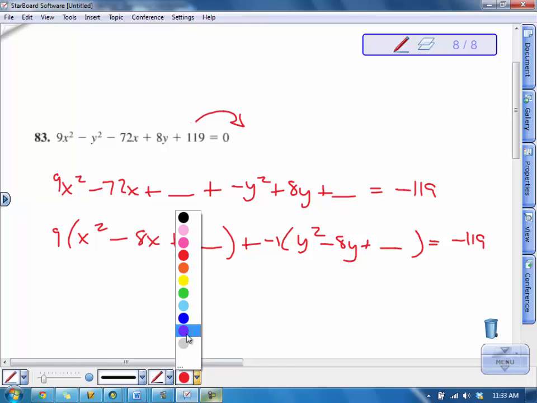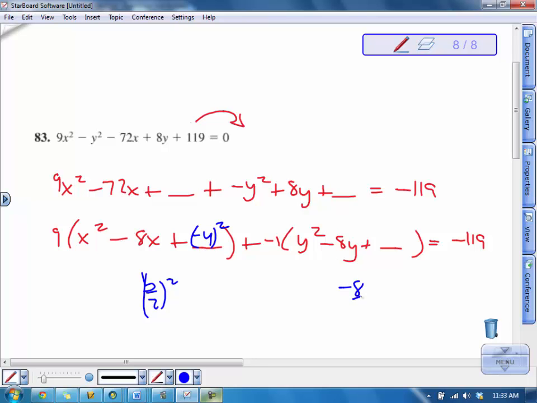Okay, now I'm going to add b over 2 squared to both sides, which is negative 8 over 2, so that's negative 4 squared. Then here, it's negative 8 over 2, so it's negative 4 squared as well. Now, this is really 16 right here, but I'm multiplying it by 9. So that's 16 times 9 that I'm adding to the right side. As well as this right here is negative 4 squared, which is positive 16, times negative 1 is a negative 16.